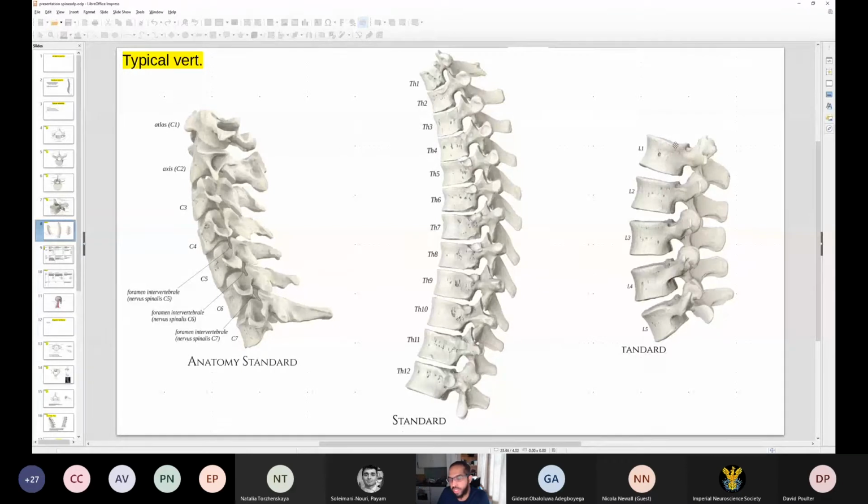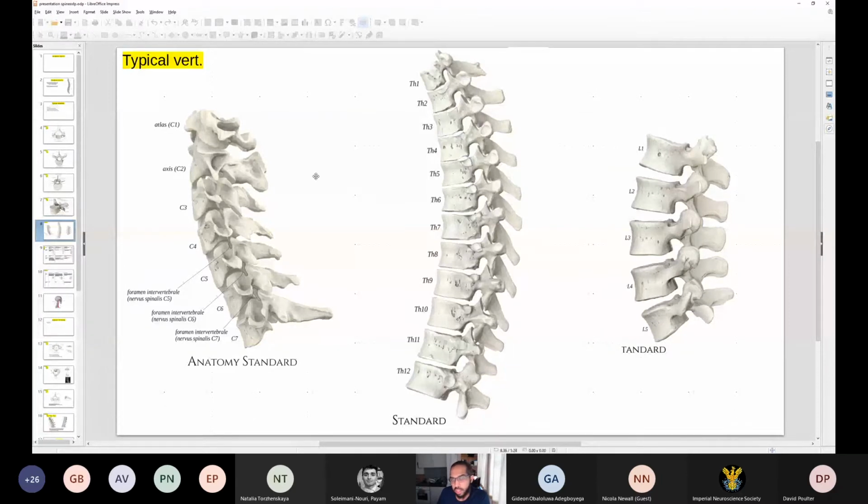Also, you can appreciate the difference in size in the bodies of the different vertebrae. You can see in a comparison between L1 here and T1 here, there's a massive difference in size. This can also be appreciated on a scan.